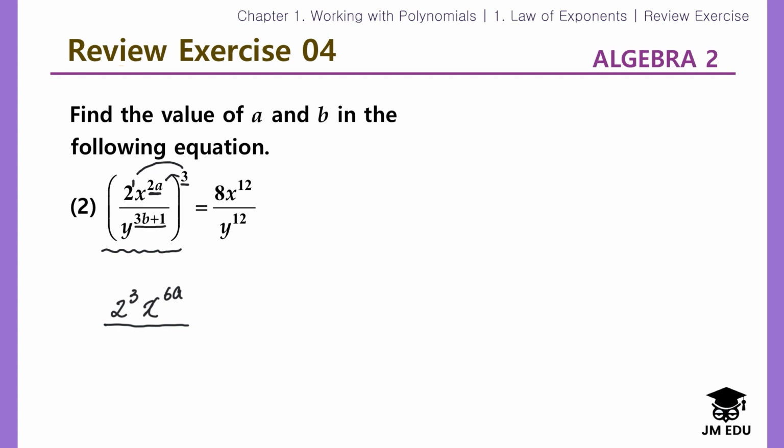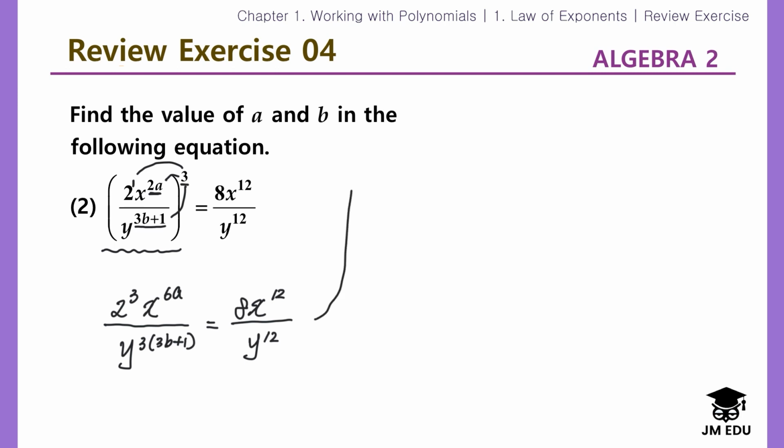So 3b plus 1 times 3, that's y to the 3 times 3b plus 1. And this one is equal to 8x to the power of 12 over y to the power of 12.